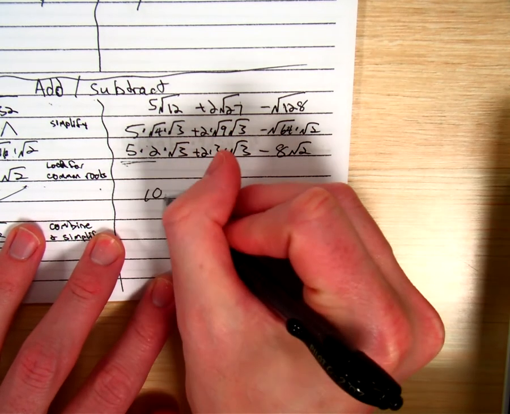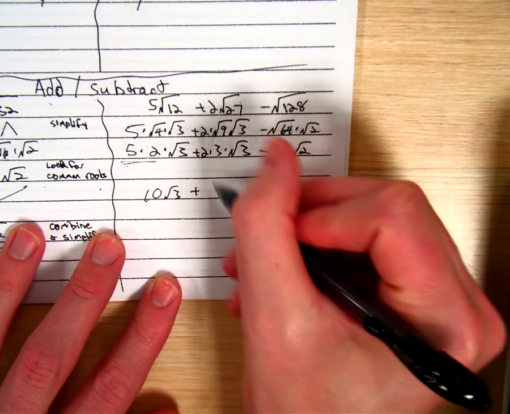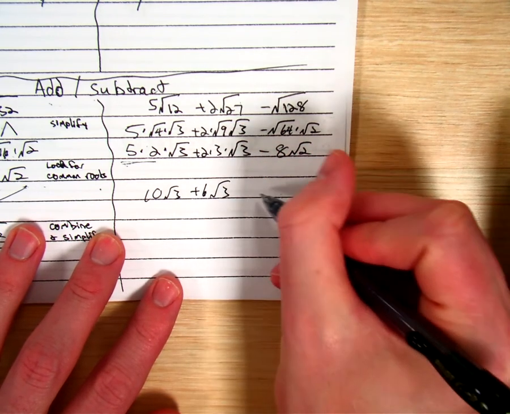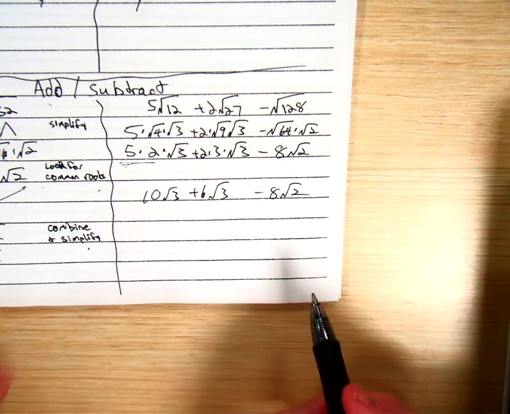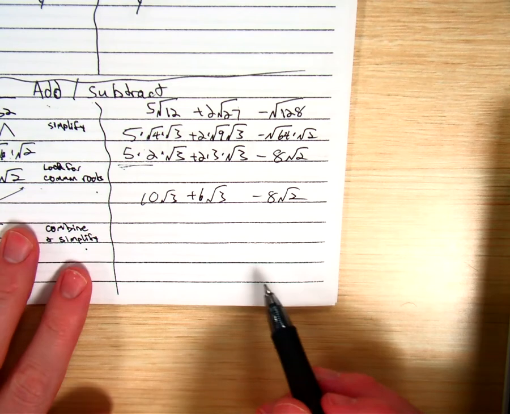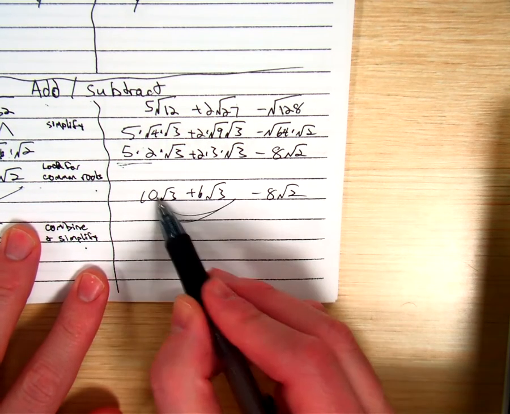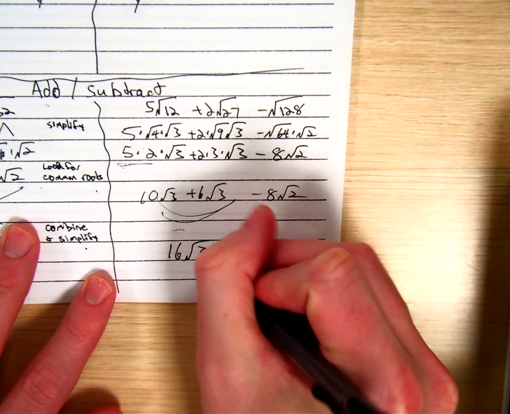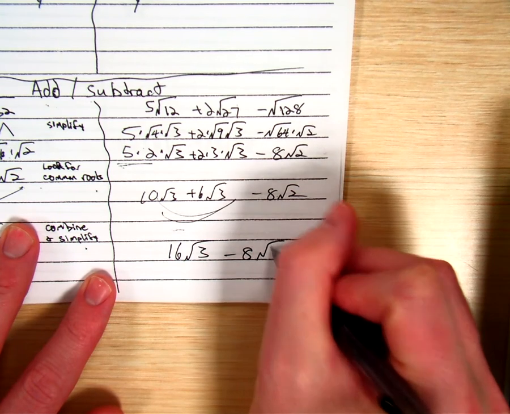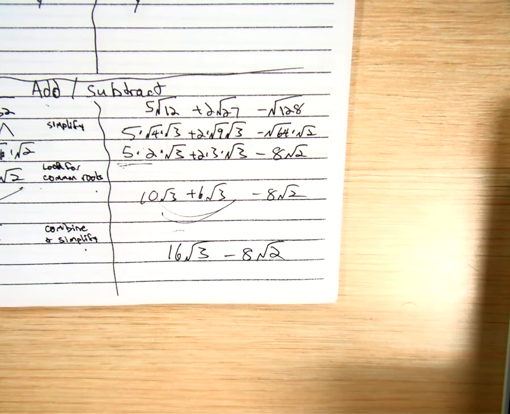So we'll have 10 radical 3's plus 6 more radical 3's minus 8 radical 2. So we could put these two together because they're both radical 3's and finish with 16 radical 3 minus 8 radical 2. The end.